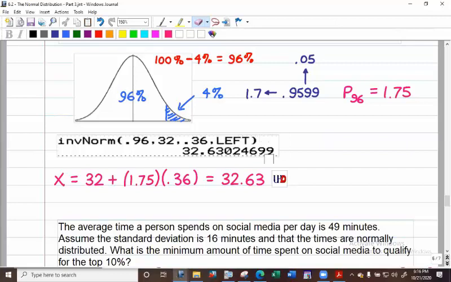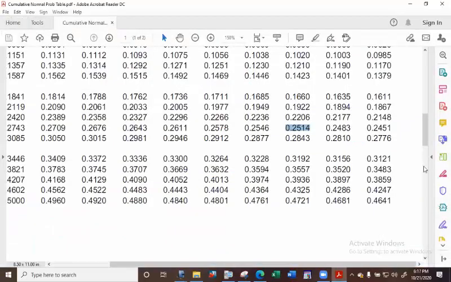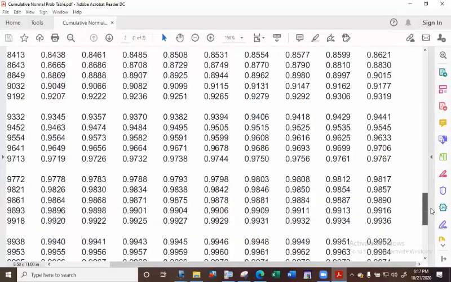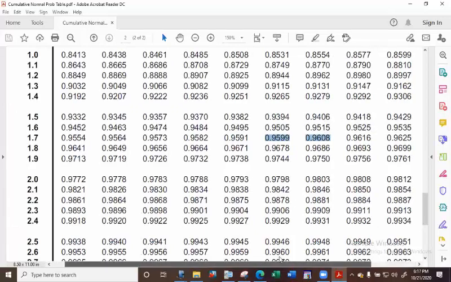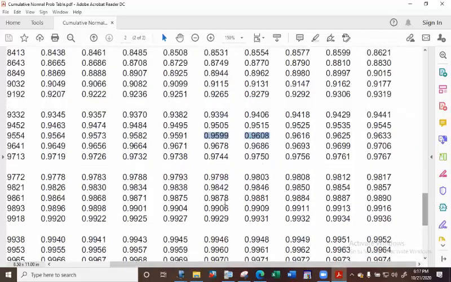All right, using the chart. I didn't even show the chart, but I'll do it now. 96 is right between those two numbers, but really close to .9599, which is in the 1.7 row and the 0.05 column.